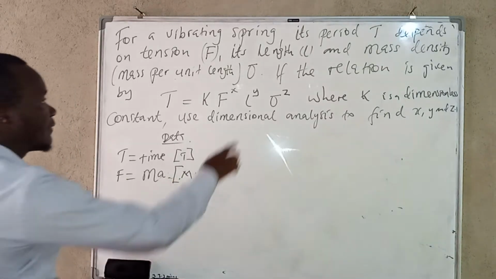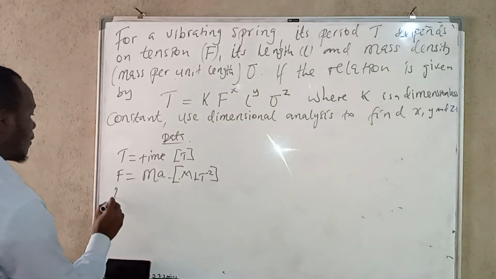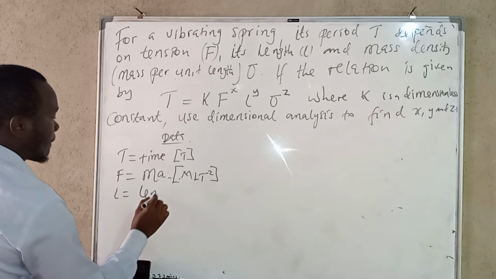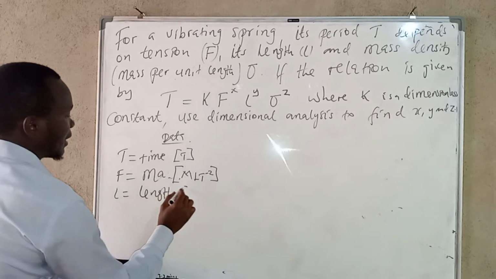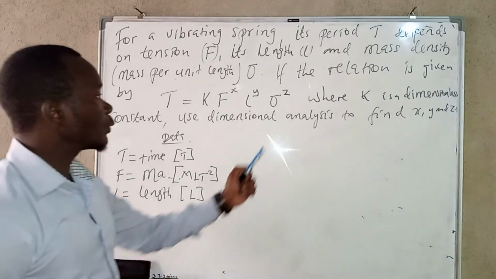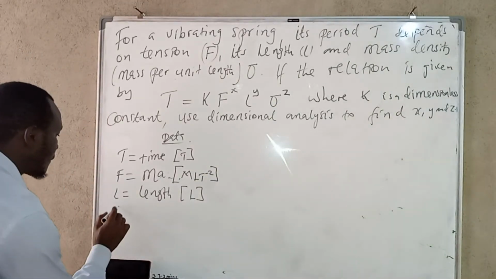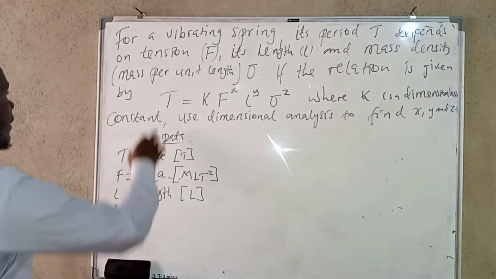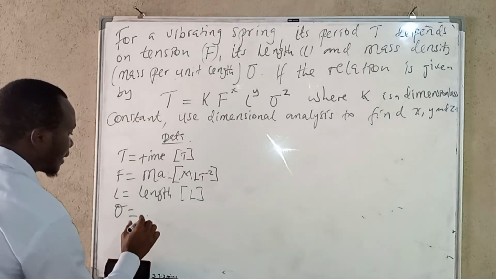Then what else are we given? We have L, which is length. In terms of dimensions, it is L. What else? We have sigma, which is mass density, which is given by mass per unit length.